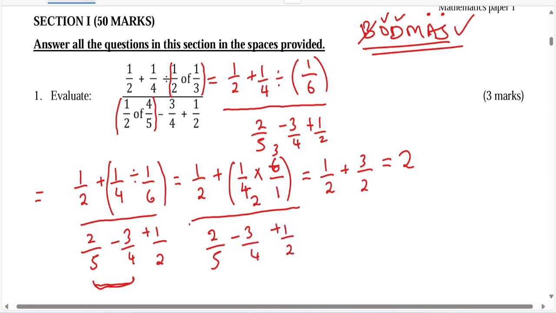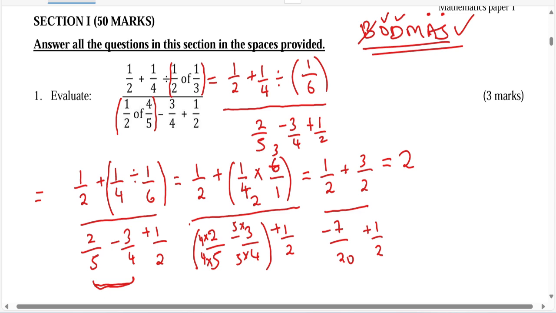So let's make the denominators to be the same by multiplying hapa for 5 na hapa wa multiply 4. So ukimultiply 4 hapa pia wa multiply 4, hapa pia wa multiply 5. So hapa chini itakuwa nini? Itakuwa 8/20 minus 15/20 sawa plus a half. So 8/20 minus 15/20 ni ngapi? At the end of the day itakupa 8 minus 15 ambao ni minus 7 over 20.